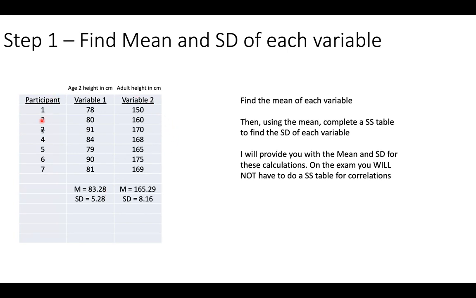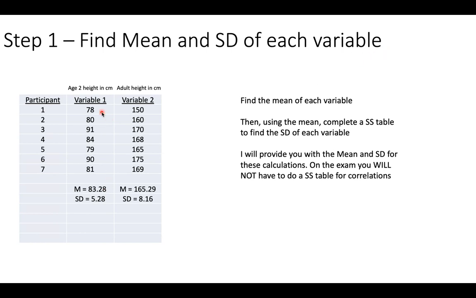So step number 1, given raw data on the height of individuals at age 2 and the height of individuals as adults, is we need to find the mean and the standard deviation of each variable.